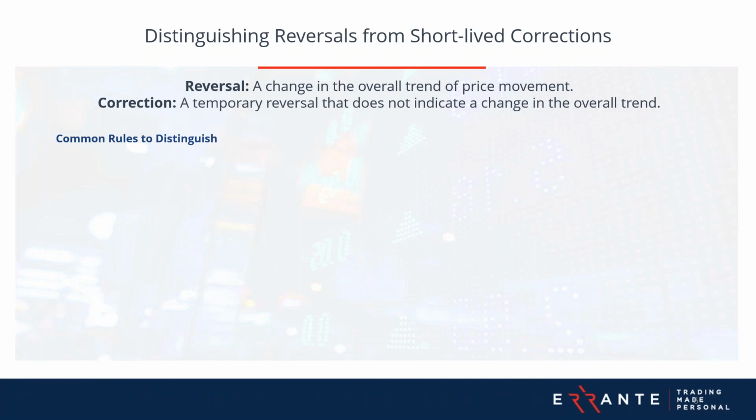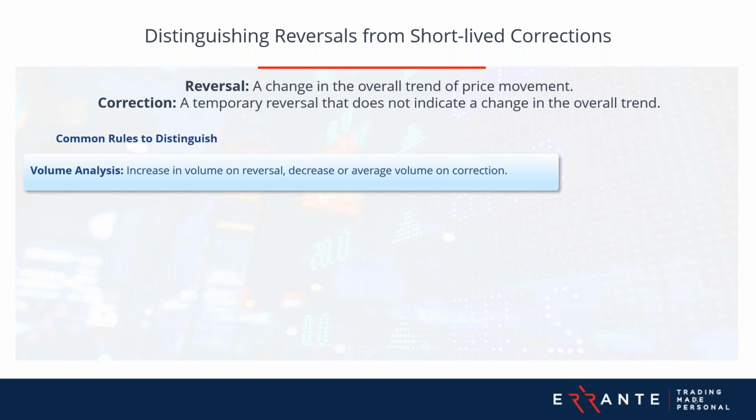So let's start from this point, distinguishing between reversals and corrections. It becomes a cornerstone of successful trading. Let's break down the most common rules used by professional analysts and traders to navigate these challenges. First, we must grasp the core of our analysis. That's to start with volume. A significant increase in trading volume can often precede a reversal as it indicates a strong shift in market conviction.